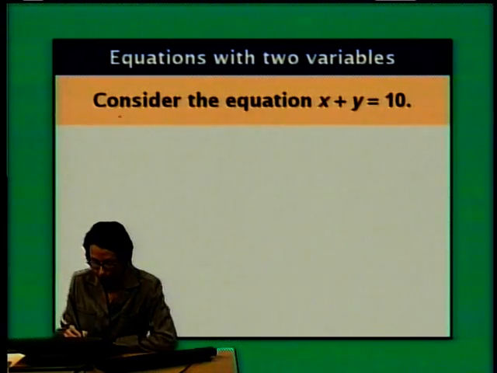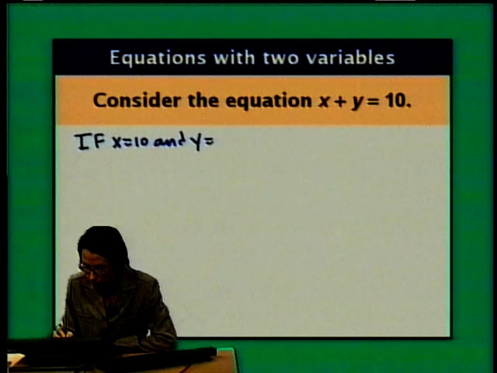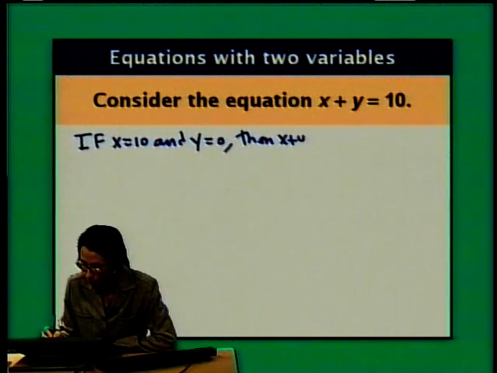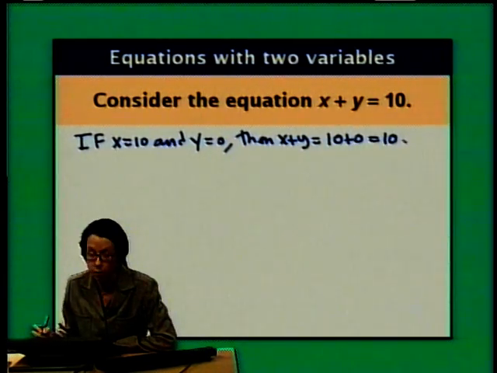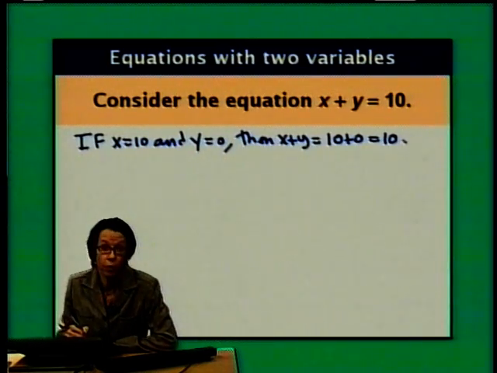For example, if x equals 10 and y equals 0, we'll get what we want. Then x plus y equals 10 plus 0, which equals 10. So I've just found a pair of numbers that sums to 10. Let's find a few more pairs.